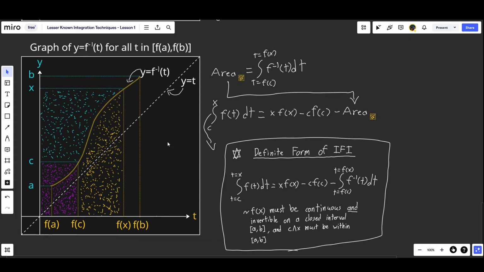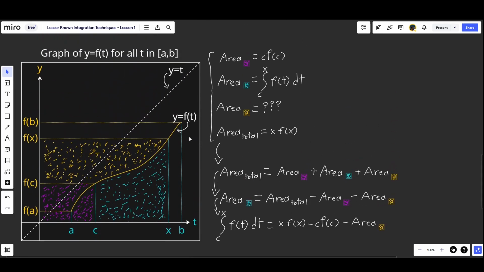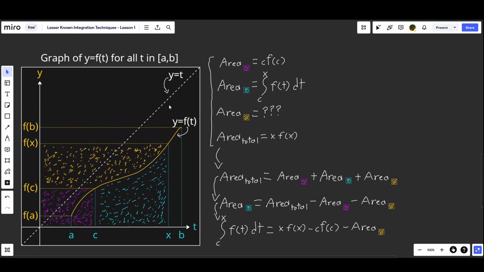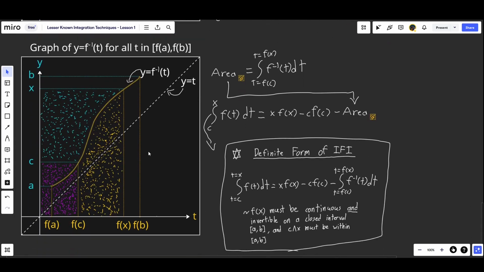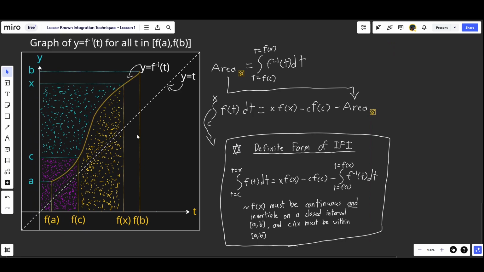You may notice that the inverse of f of t is merely a reflection of f of t across the function y equals t in both graphs. And this isn't a coincidence, actually. It turns out that finding the inverse of a function is equivalent to reflecting it across the function y equals x or y equals t.